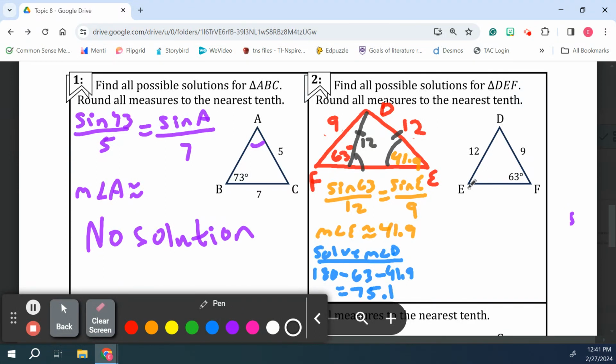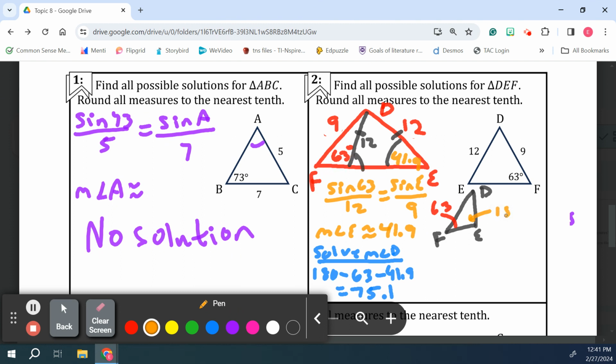Now, what you need to confirm is if this triangle actually exists. And so if I redrew that down here, now for angle E, this is our supplementary situation.